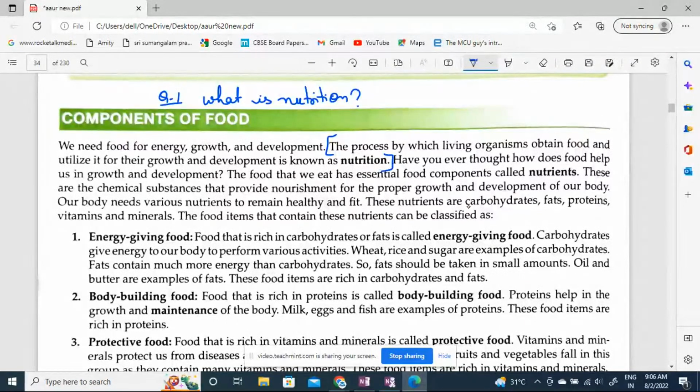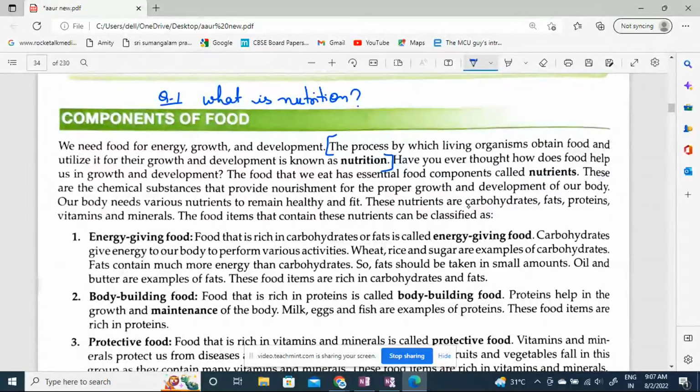Now, what is the meaning of nutrition? The process by which living organisms obtain food and utilize it for their growth and development is known as nutrition. That means the process by which organisms like human beings obtain food and utilize that food inside our body, and that food helps in the growth and development of the body, and that process is termed as nutrition.